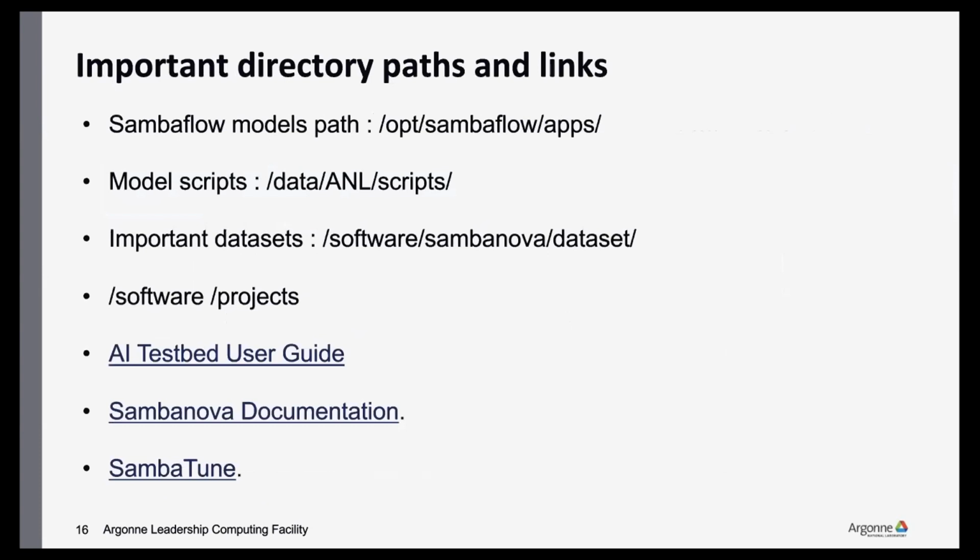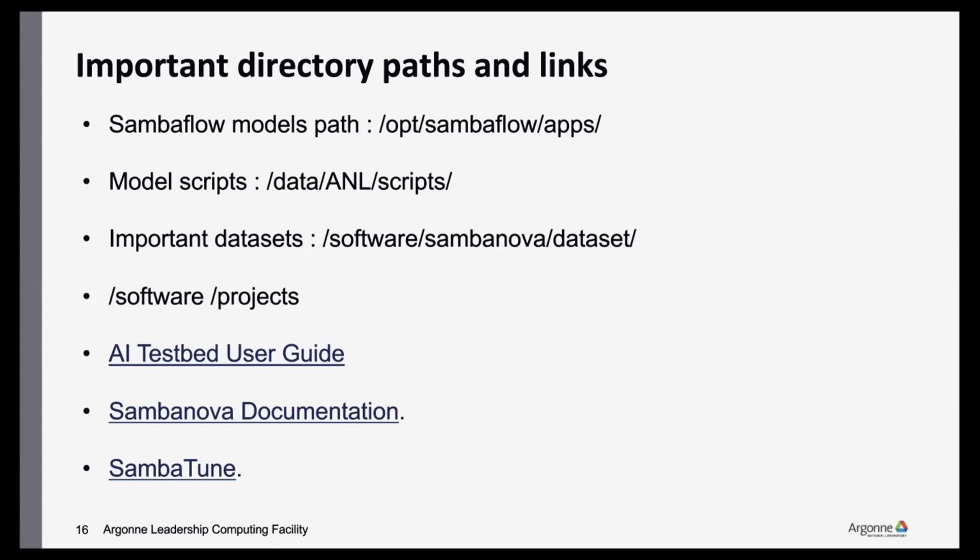And here are some of the important paths and directories that you would want to have at hand while using the system. As I might have already specified, the apps directory is where actual application examples are provided. There are also model scripts that are useful for running things at once.